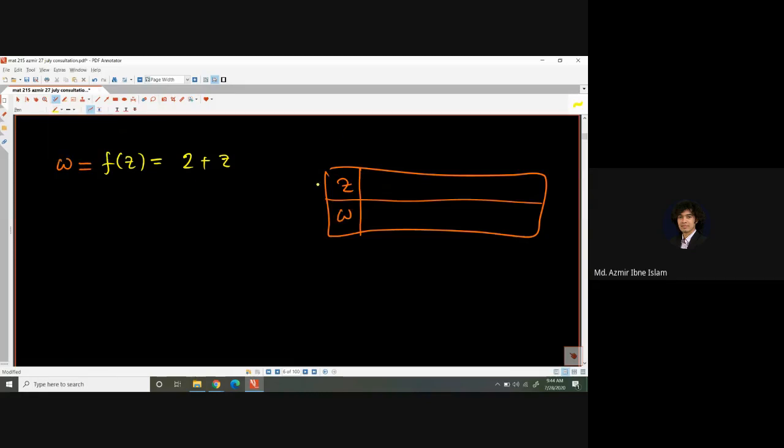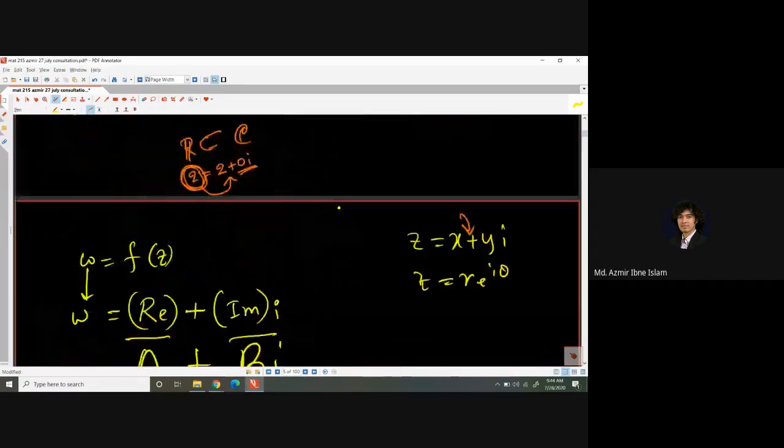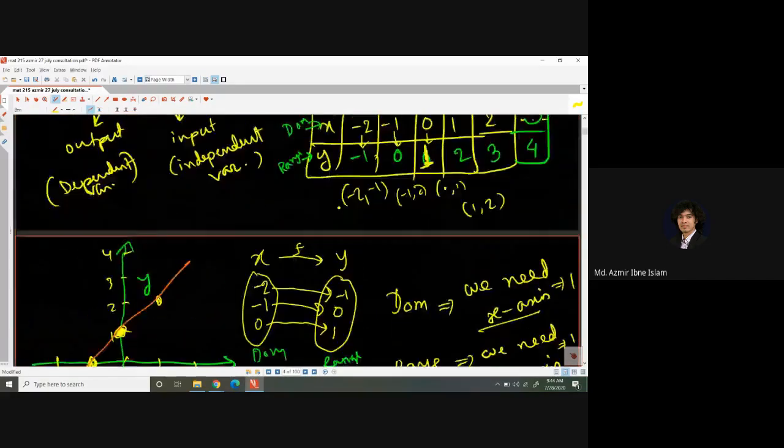So this will be the domain and this must be the range. Remember, in a complex valued function, domain is also called, okay, at first, let me say this one. Range is the image, and the same thing is for a real valued function.